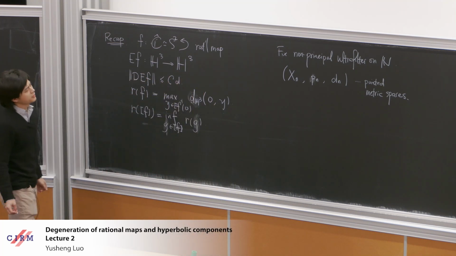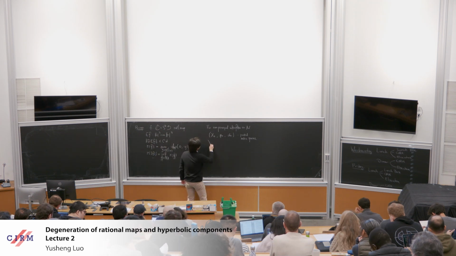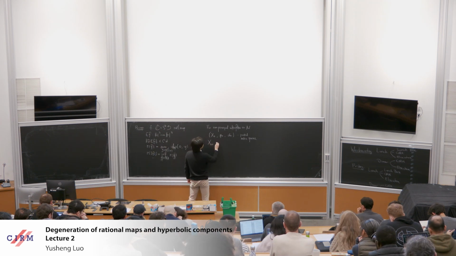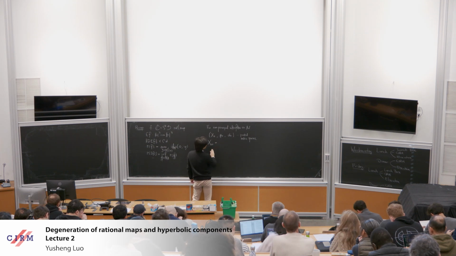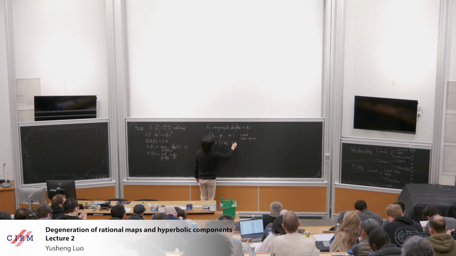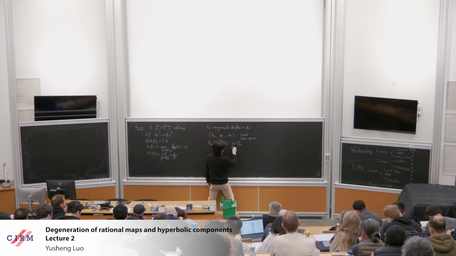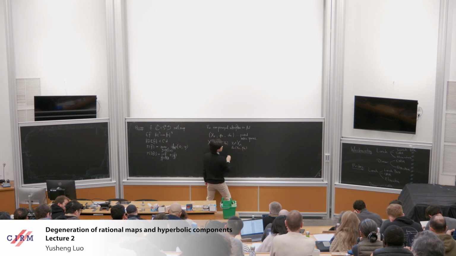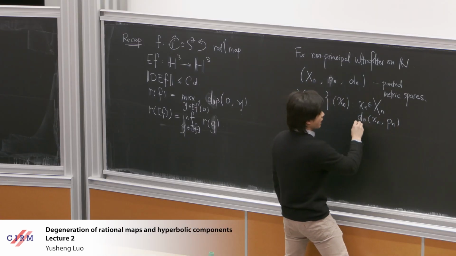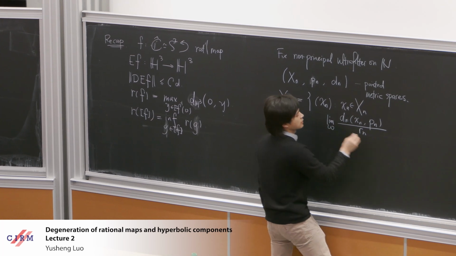There is a very natural way to define the so-called ultralimit, which I denote by X_omega, which consists of all points x_n, where x_n is in X_n, such that the distance between x_n and the base point p_n, when you divide it by r_n, this limit exists.